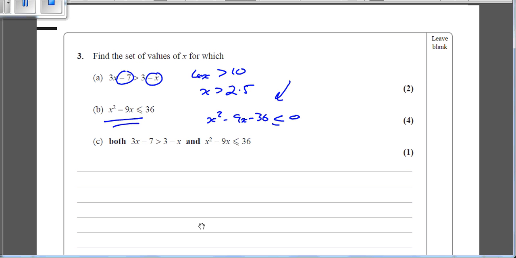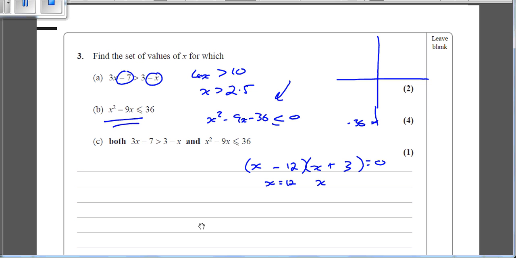So we know that that is going to go through at minus 36. We factorize that and set it equal to 0. That's going to be 12 and 3, so minus 12 and plus 3. So the two values are x equals 12 and x equals minus 3. So therefore it goes through at minus 3 and it goes through at 12.